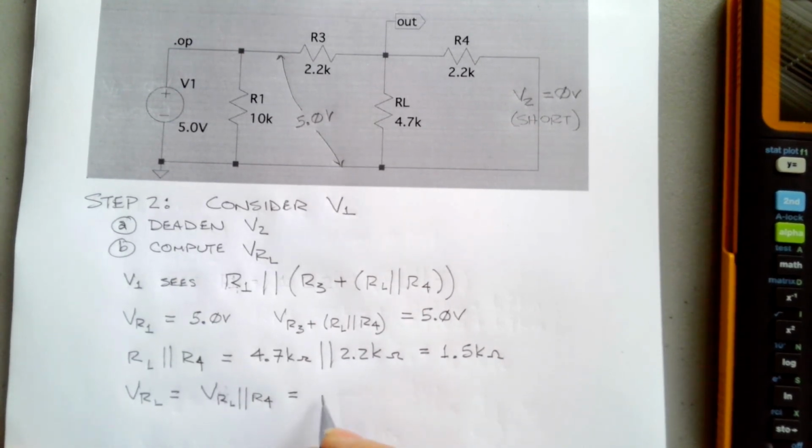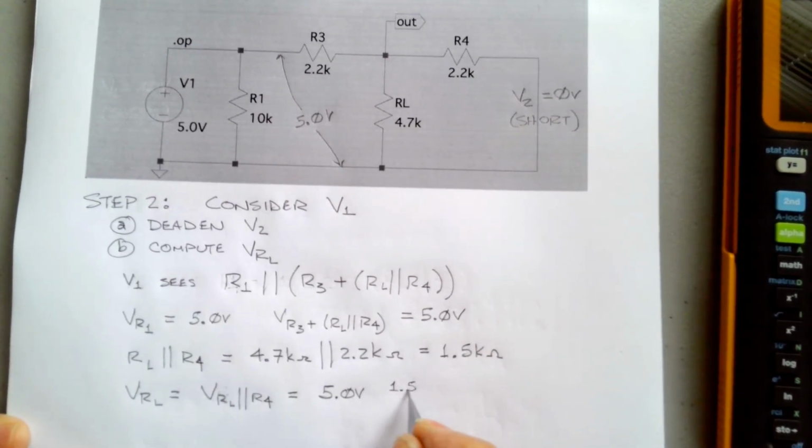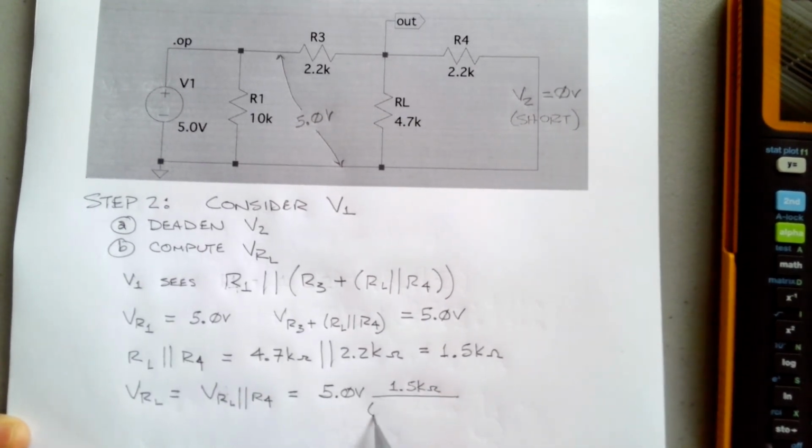These are equal to 5.0 volts times the portion of 1.5k over 1.5k plus 2.2k.